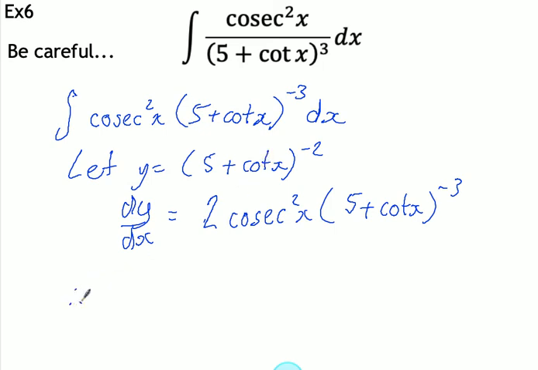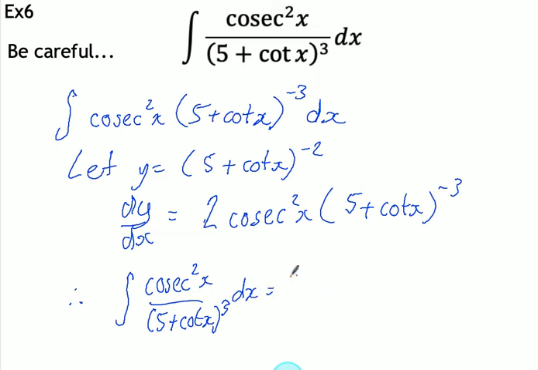Therefore, I can say now with confidence that the integral of cosec squared x over (5 plus cot x) cubed with respect to x must therefore be 1/2 of (5 plus cot x) to the power of -2 plus my constant of integration.